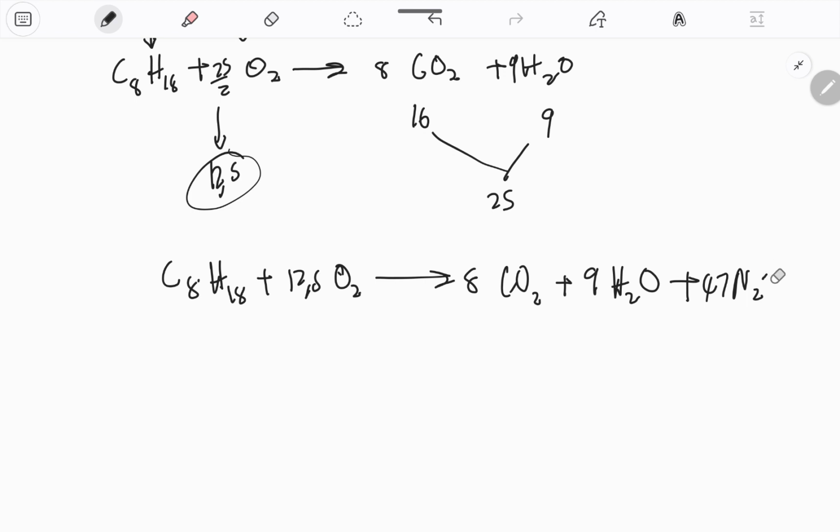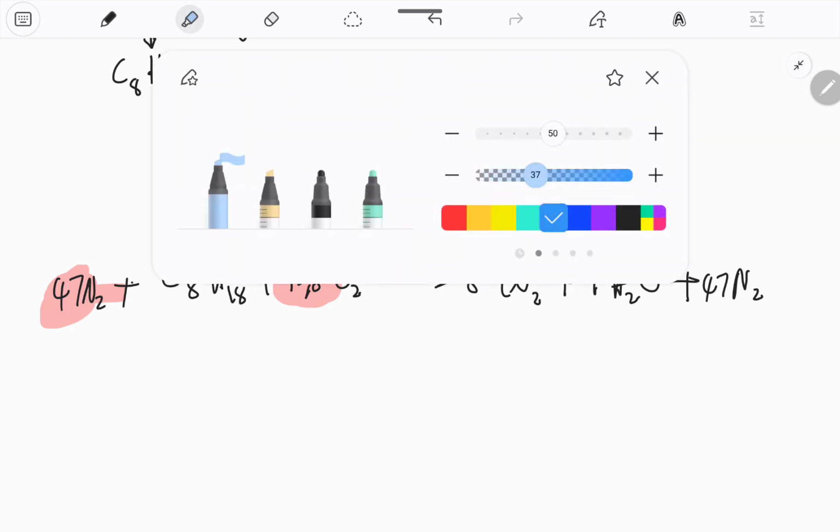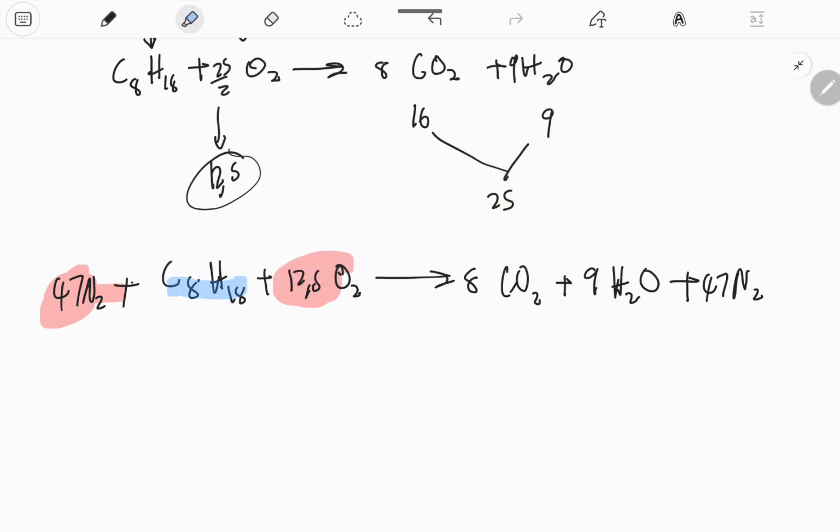It's not really balanced out if you argue, because this 47 nitrogen is not accounted this side. You can just put it both sides. Air is literally this thing and this thing. We are burning the hydrocarbon here in the presence of oxygen, and then we get that.